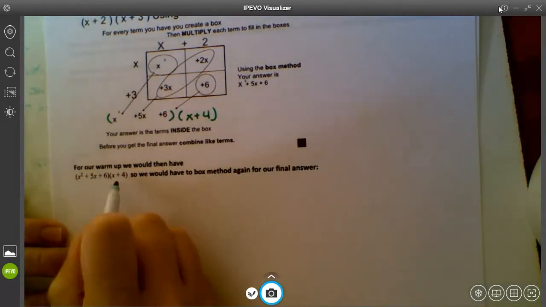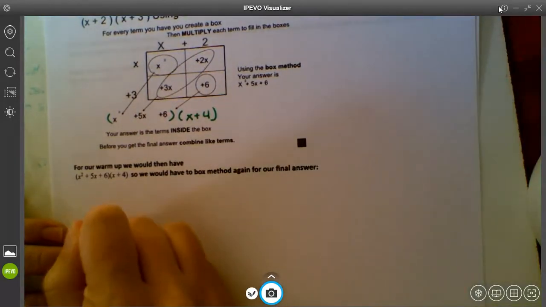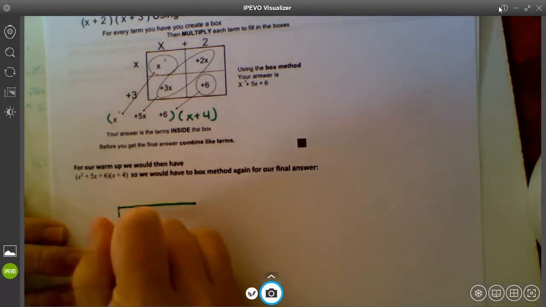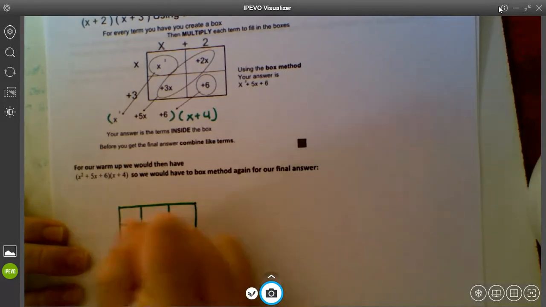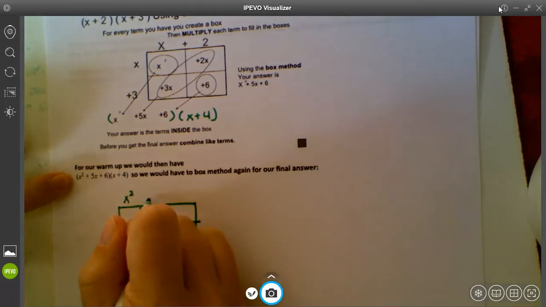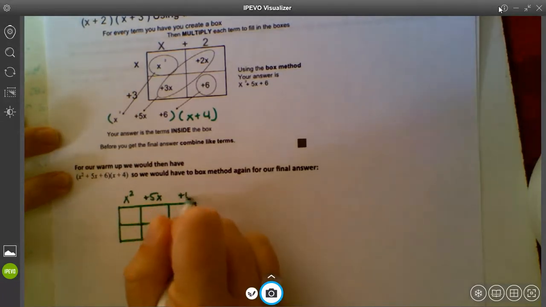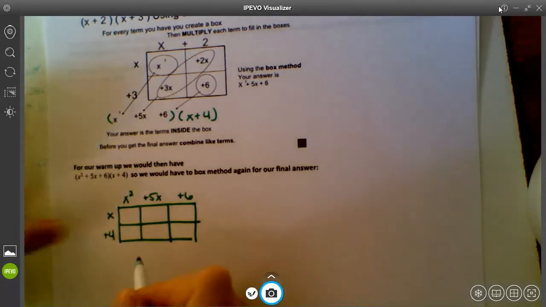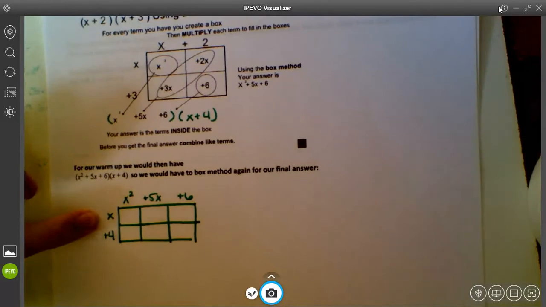So this is 3 by 2, so I need a 3 by 2 box. It doesn't matter whether it's 3 on top or 3 on the side. So there's my 3, there's my 2, so I have an x squared, a positive 5x, a positive 6, an x, and a positive 4. I'm going to multiply to get inside the box.